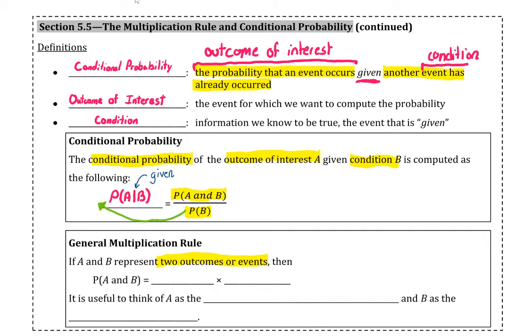This will give us that the probability of A and B is equal to the probability of B times the probability of A given B, where we think of event A as the outcome and event B as the condition. We will use the general multiplication rule when our outcomes are not independent.